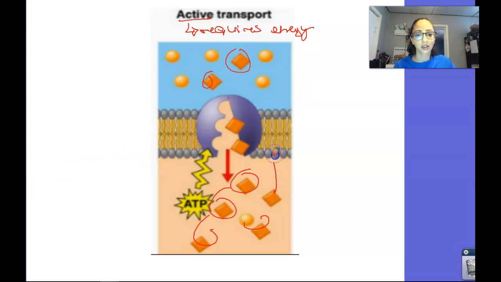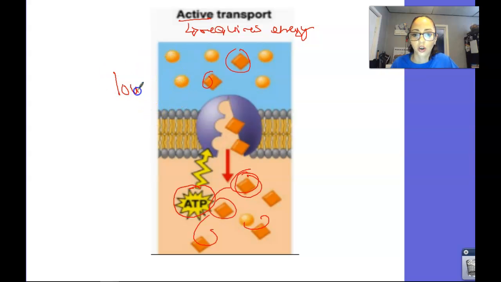But in this case, the cell wants more of these specific molecules. So it will bring them in, but to be able to do that, because it's going against the flow, against the current, it's going to take some energy, and this energy is called ATP energy. So this ATP energy will allow the cell to bring those molecules in.